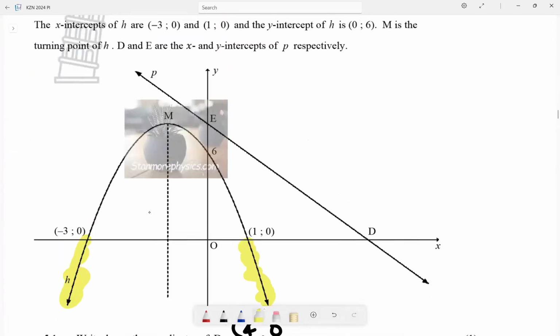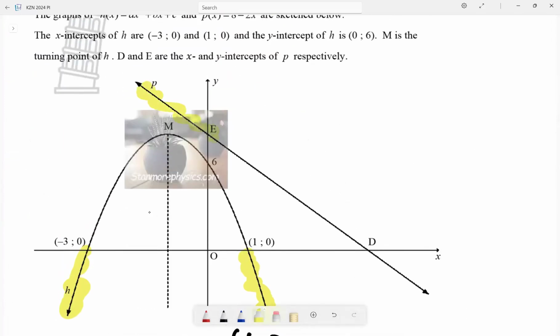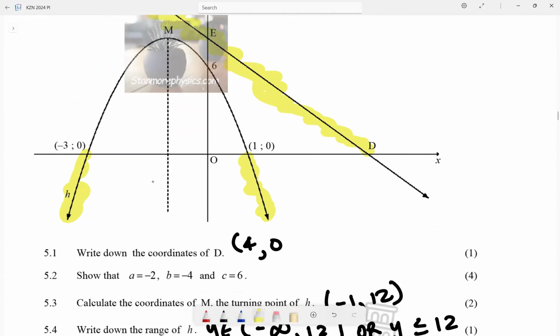Then p of x is positive where? P of x is positive here. So you want where they intersect. Can you see that from this point here, h of x is negative and p of x is positive, right?